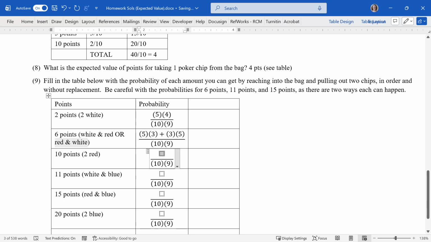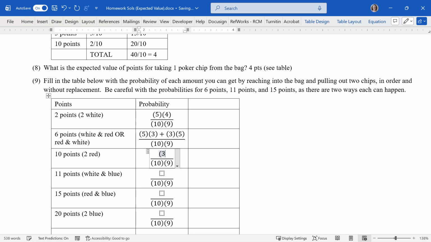Okay. Now for 2 red, it's just red, red. There's only one way to get the colors in order. So this will be 3 choices for your first red chip, 2 choices for your second red chip. When it comes to white and blue, again, 5 choices if you go white first, 3 choices for red second, but we could go the other way around. Oops, sorry, not red. It's blue, right?